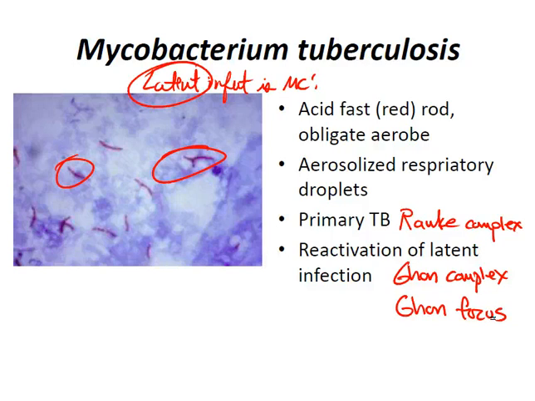Now, a Ghon focus is a granuloma located near the pleura in either the lower part of the upper lobe or the upper part of the lower lobe. The center of the Ghon focus often undergoes caseous necrosis. Most cases heal by fibrosis.